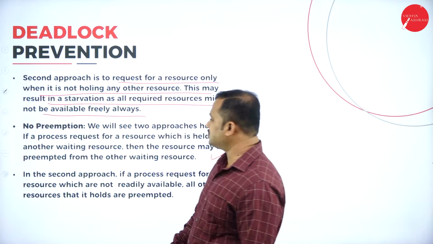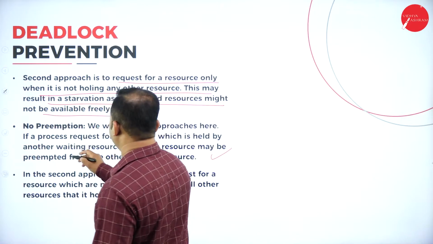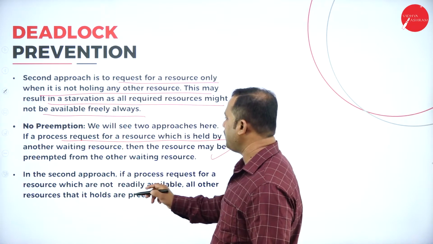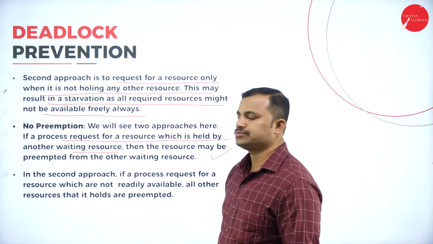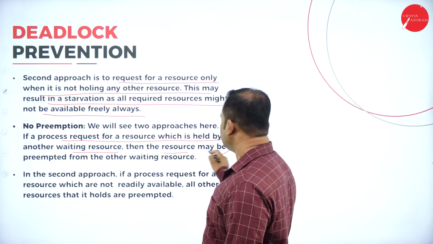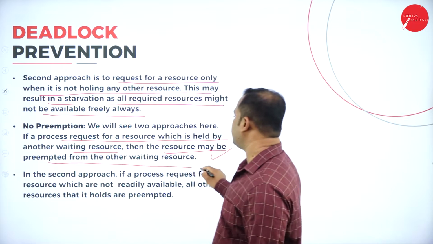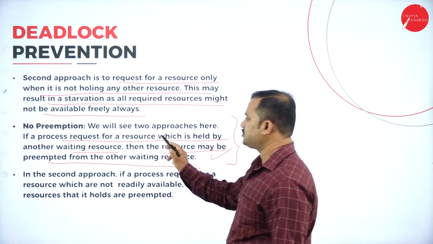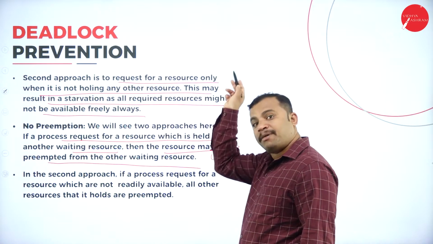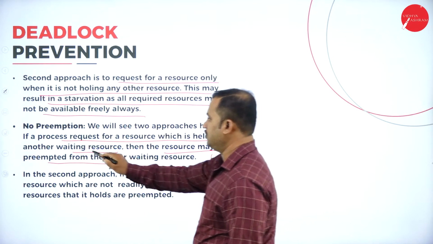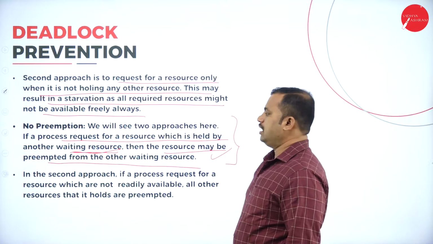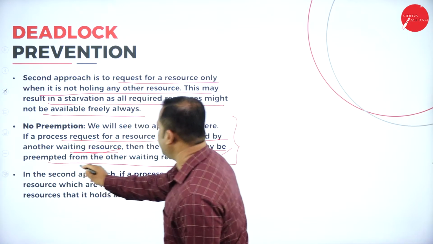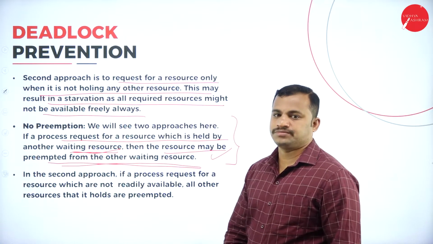That is the meaning of no preemption. We will see two approaches here. If a process requests a resource which is held by another waiting process, then the resource may be preempted from the other waiting process.